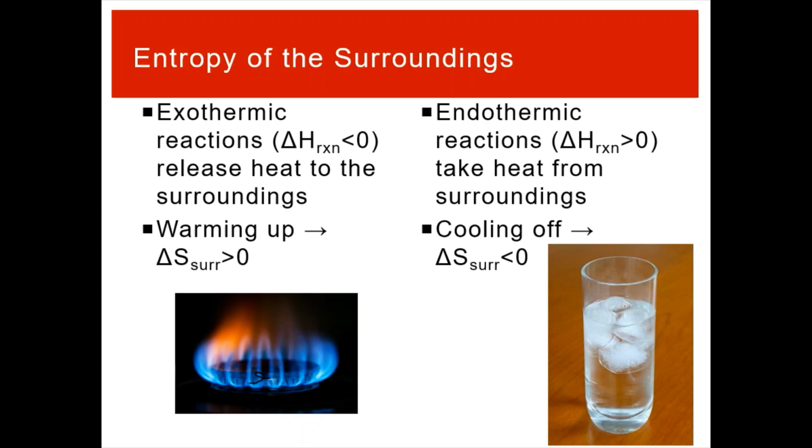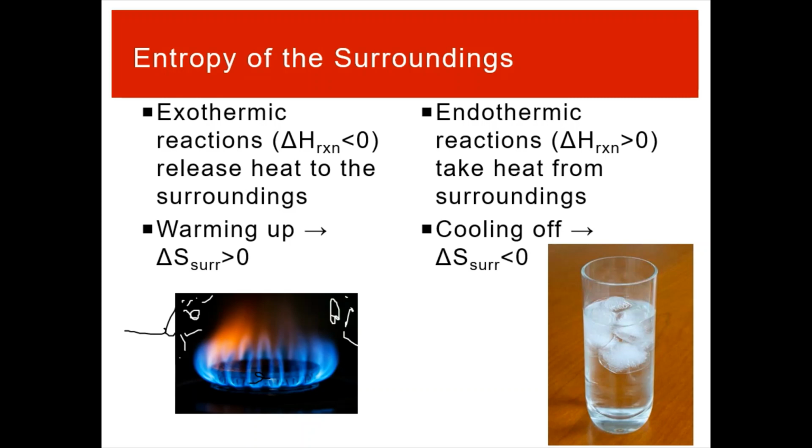But also the air over here is being warmed up by the flame. And so these molecules start to move more, right? There's literally more motion in all of these molecules around this, increasing the disorder of this air.